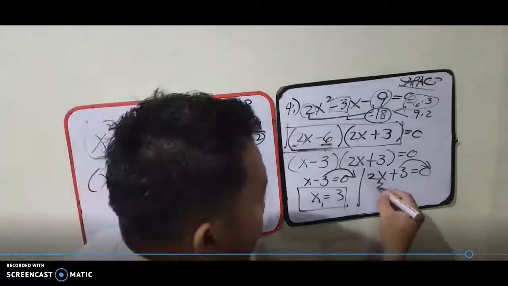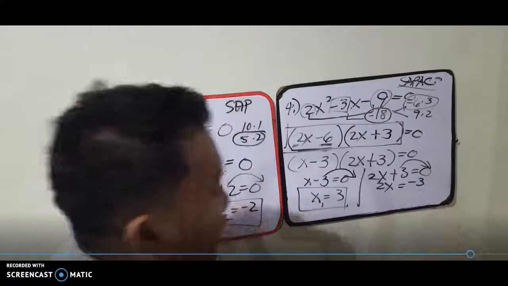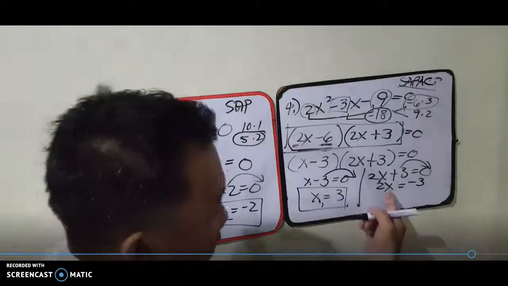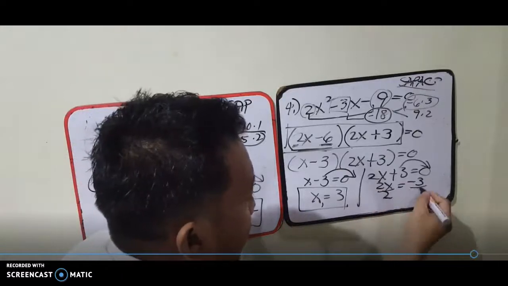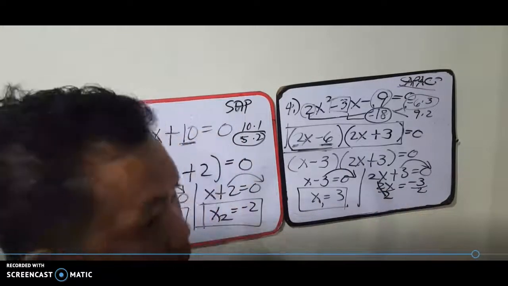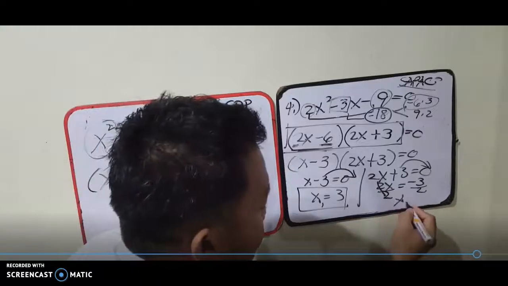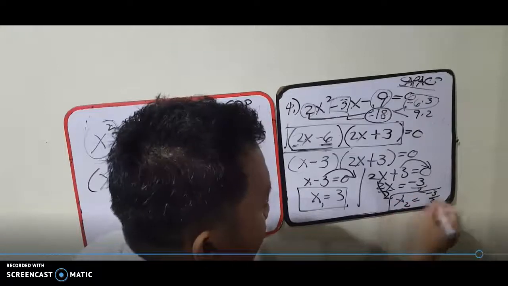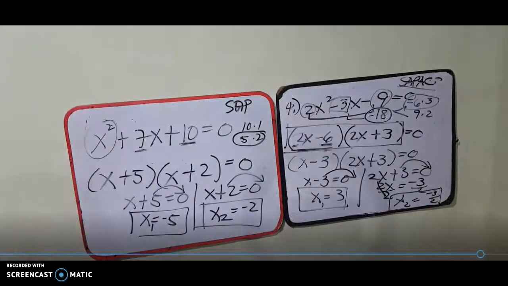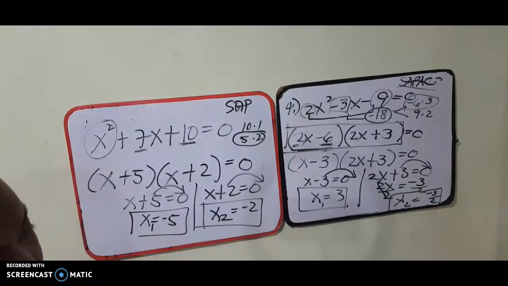On the other side, 2x is equal to negative 3. It's not yet done because x still has 2, so we have to remove the 2 by dividing both sides by 2. Then x will be left. That's x sub 2 is equal to negative 3 over 2. That would be the answer for sample number 4.